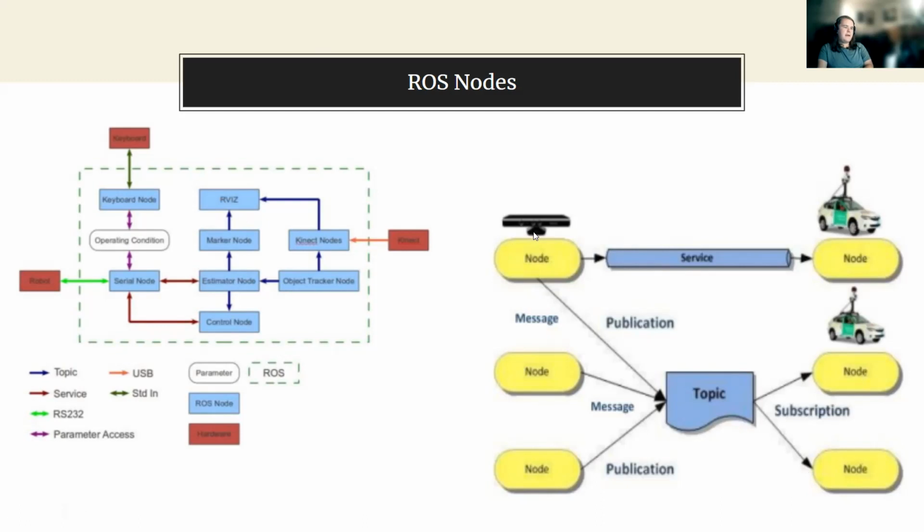You might have a Kinect, which could be a single node, something that takes data from the Kinect and makes an image from it, or whatever you want to do. Or perhaps something that's driving the robot, or the car here on the right, could be a node. Or maybe even less fine-grained than that, or more fine-grained, just running one of the motors or running the drivetrain on the car.